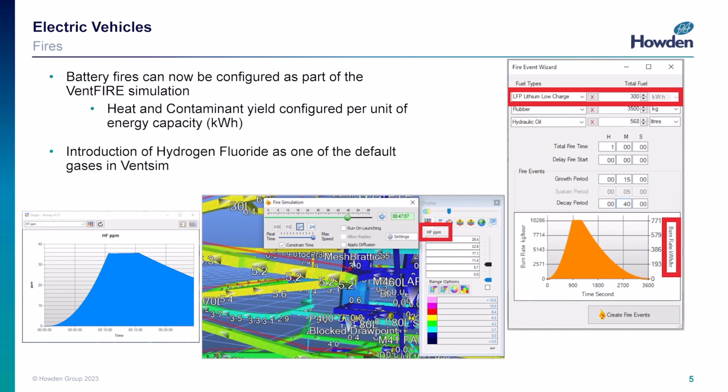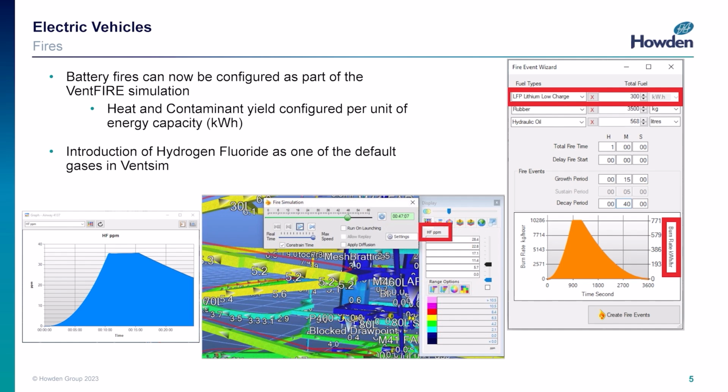And the other new feature there is we've added hydrogen fluoride. So this is potentially a product of fire with a toxicity that we need to be concerned about, perhaps comparable to that of carbon monoxide. So we've added that to the software.